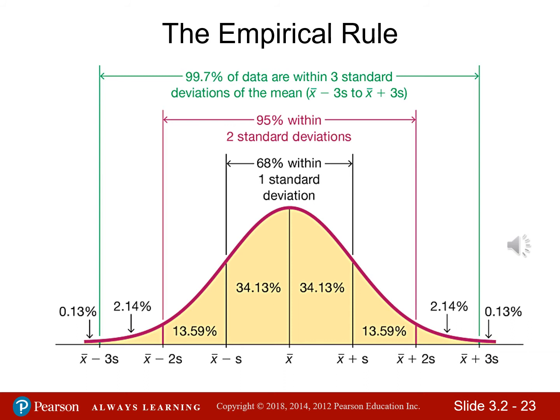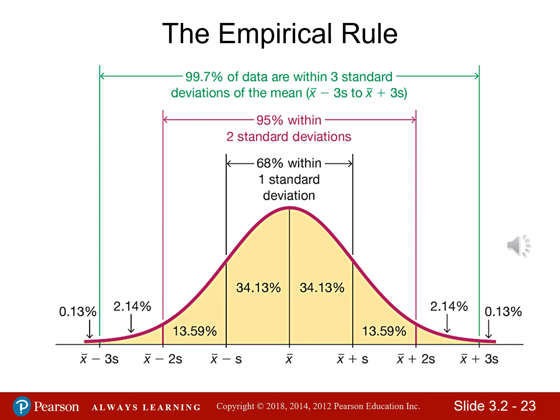When applying the empirical rule to a data set, the following conditions are true. Approximately 68% of the data will fall within 1 standard deviation of the mean. In mathematical notation, this would be represented as the mean plus or minus 1 times the standard deviation. Also, approximately 95% of the data will fall within 2 standard deviations of the mean.